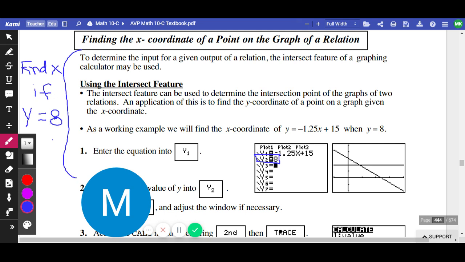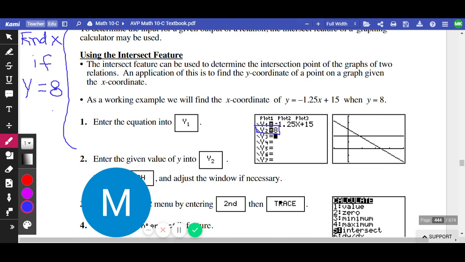So hit graph. When you hit graph, you should get this picture now. Just a little lower. This is my original equation, y1. This solid line is y equals 8. That's all the spots where y equals 8. You want to figure out where the blue line has y equals 8.